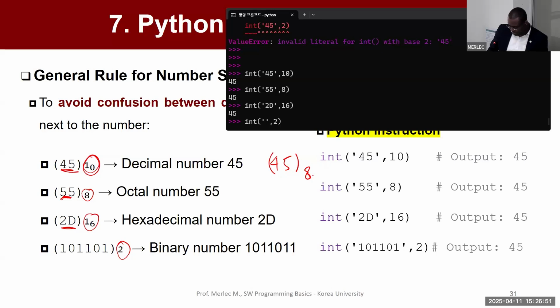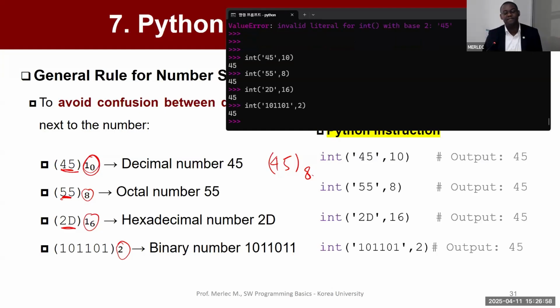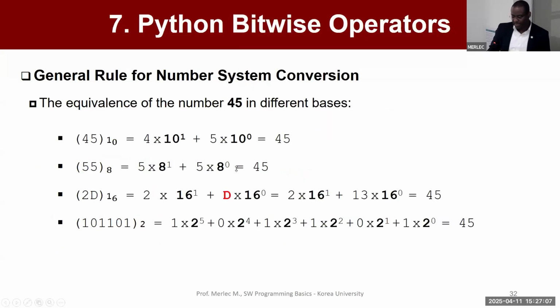When I put here 101101, this is the equivalent of 45 in binary. So for us to do operations on binary representation values, we have to use bitwise. This is the application of the universal formula I've mentioned to convert values from one system to another. For example, here you have 45 in decimal. So I've already explained this.